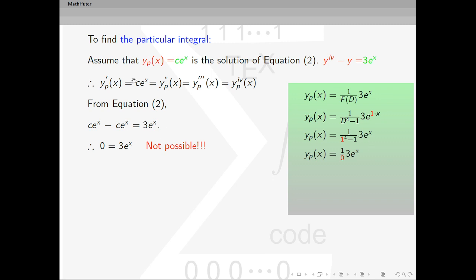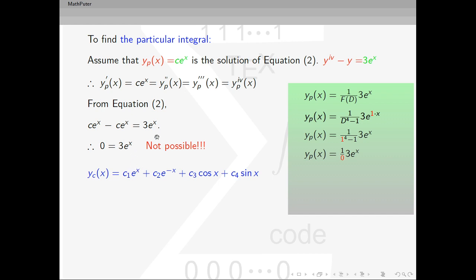Actually, this is another representation of this method. So what is wrong here in the assumption c into e raised to x? In the last example also we assumed the right hand side with the arbitrary constant. But here the same assumption is not working. That is only because of, look at the complementary solution. The complementary solution has four functions: e raised to x, e raised to minus x, cos x and sin x. This e raised to x, c1 into e raised to x.